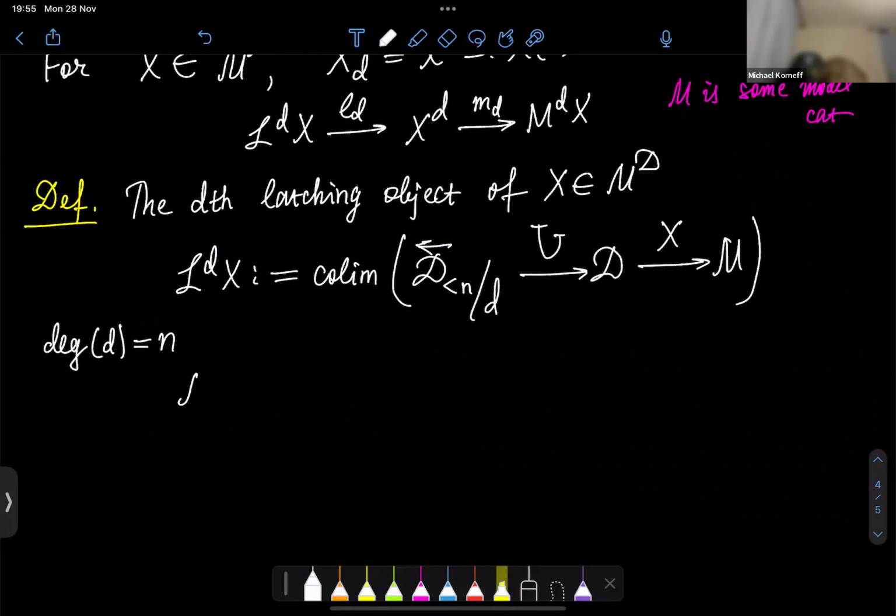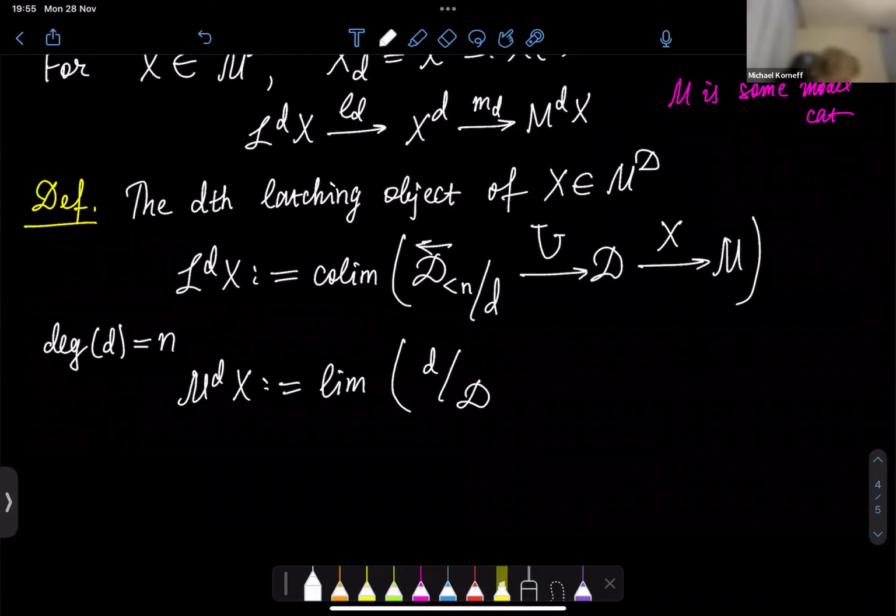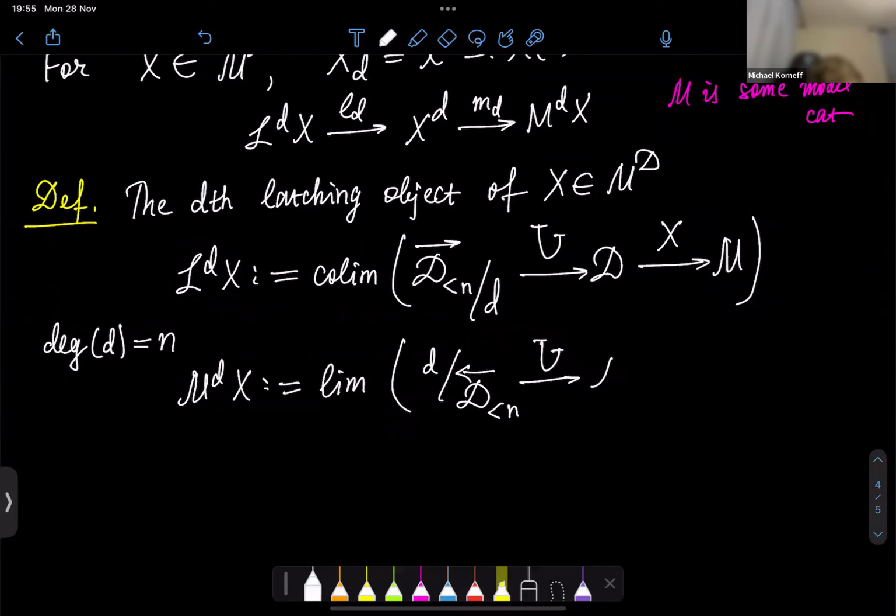And for matching object, the dth matching object is just a limit for the following diagram. We just replace this slice category by this slice category, and form the limit of this diagram.